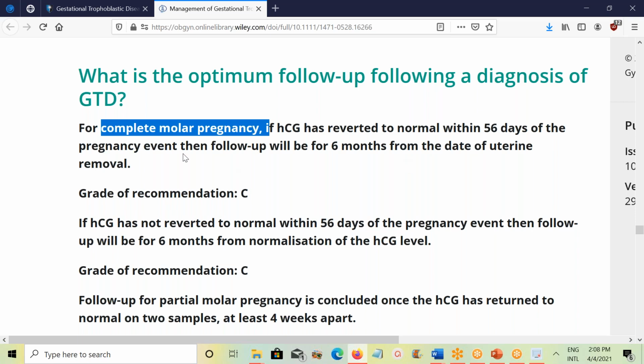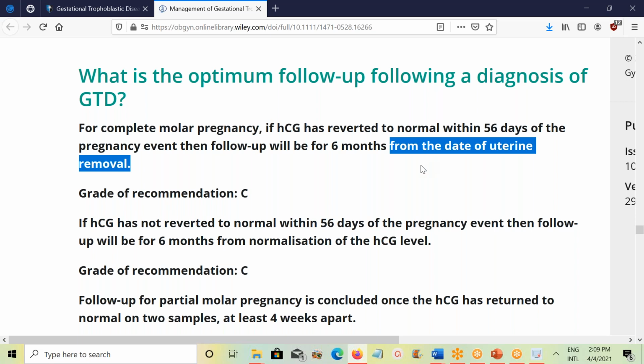The pregnancy event, where we did suction evacuation, was a spontaneous miscarriage or anything, or a birth. Okay, so the beta HCG has returned to baseline within 56 days. So the follow-up should be for 6 months from where? From the date of uterine removal, not from the date of the test, but from the date of the removal of the condition.